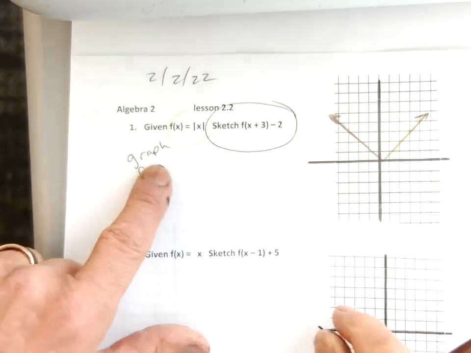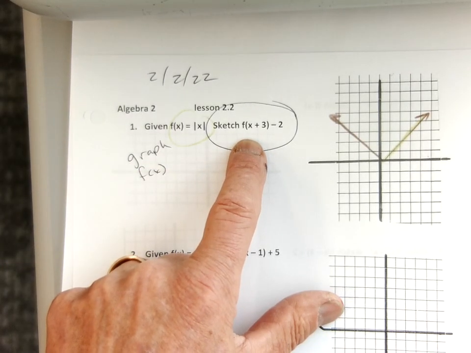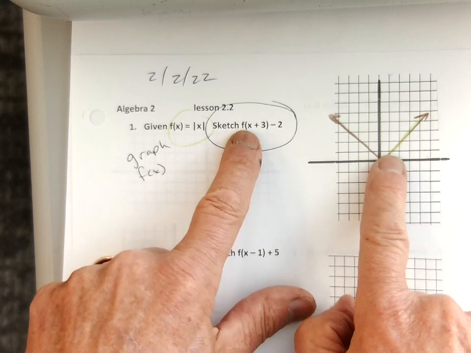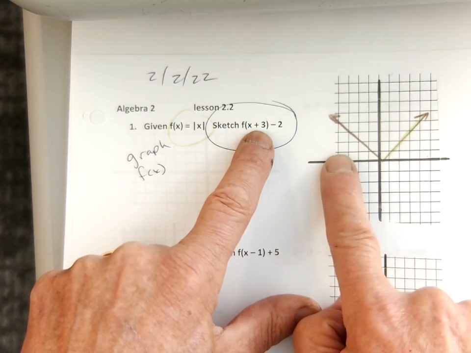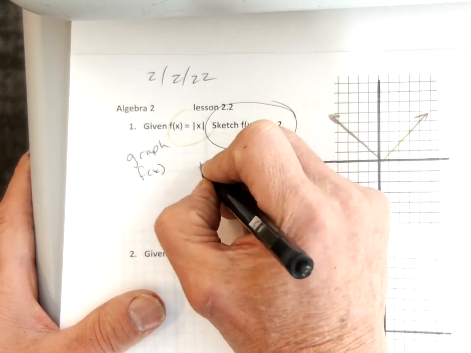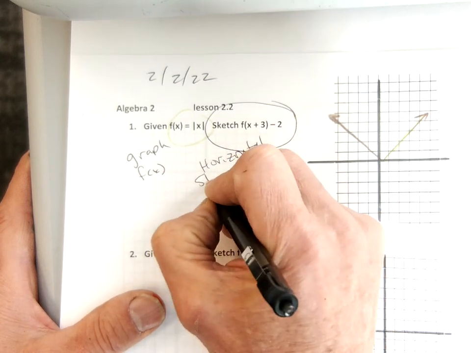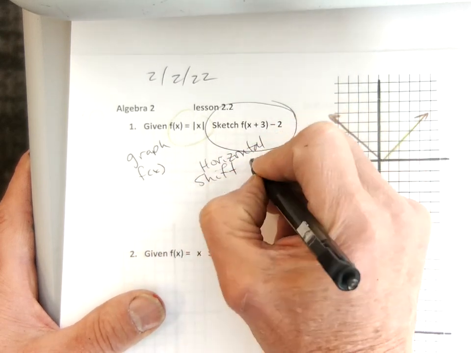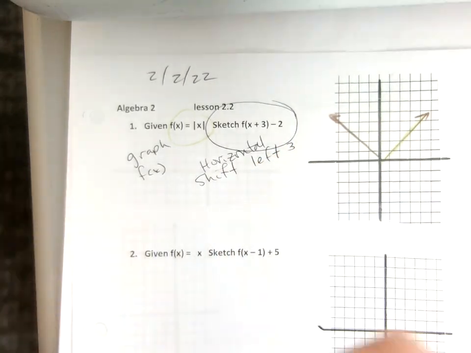So if this is f of x, then we're going to sketch f of x plus 3 minus 2. So we take it and move it back 3, down 2. So it says to do a horizontal shift left 3, because it's the opposite, right?